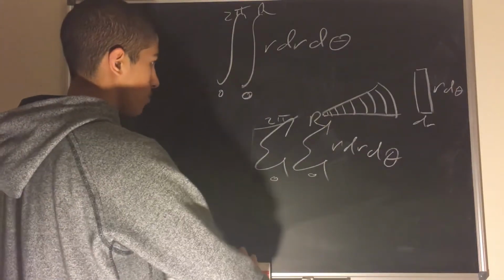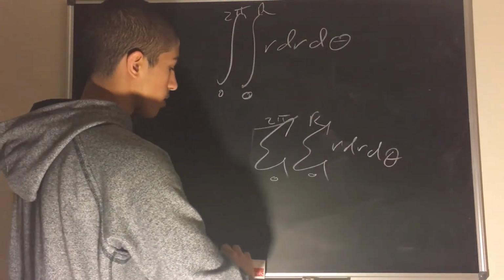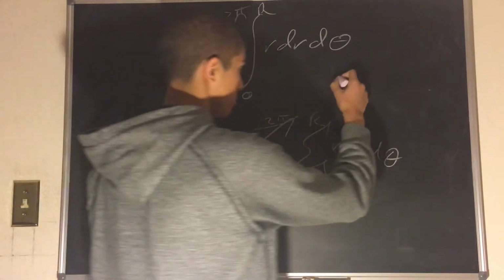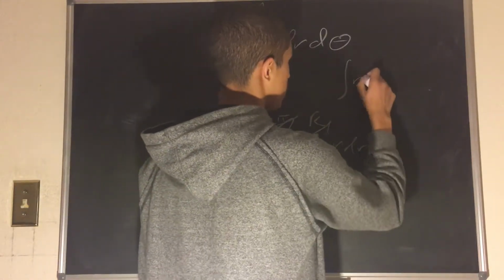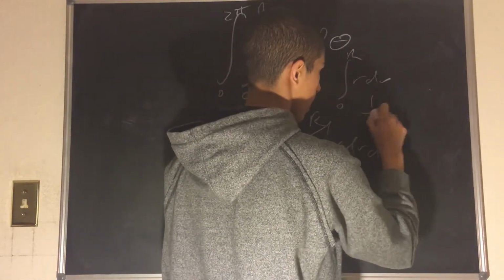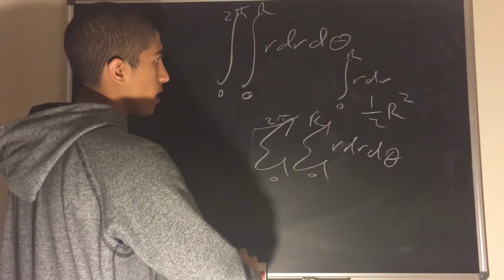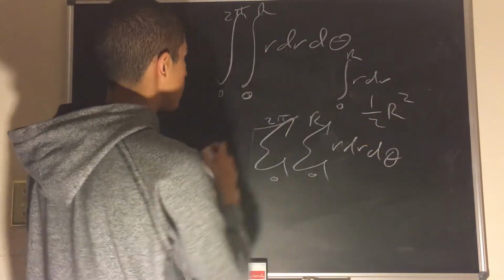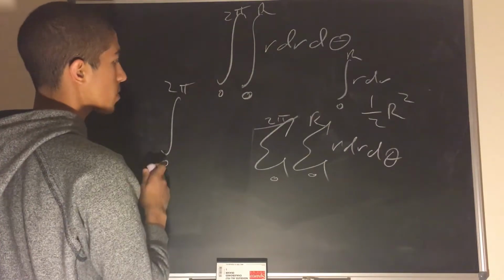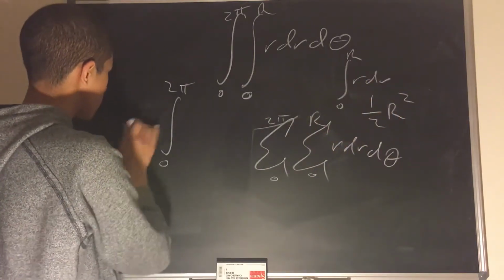So if we integrate over the variable r first, then we have integral r dr from 0 to R is equal to half times big R squared, and then we plug that in, and we have left integral 0 to 2 pi. We can pull out this half R squared because it's a constant.